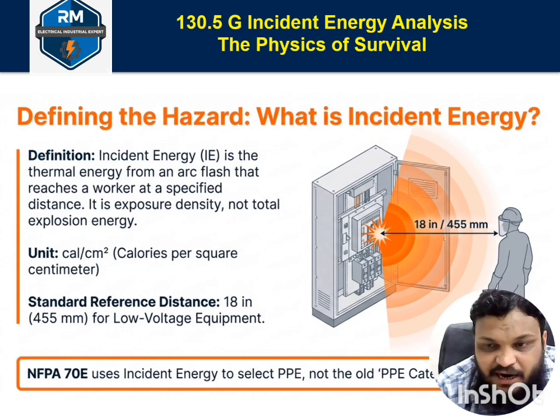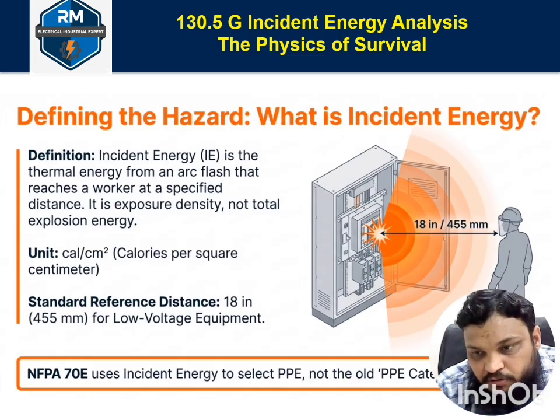Due to that arc flash hazard, the incident energy is going to arise and can damage the health of the employee. So this is the very important and basic method to calculate and to select the PPE based on this calculation.